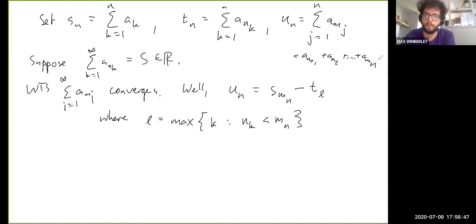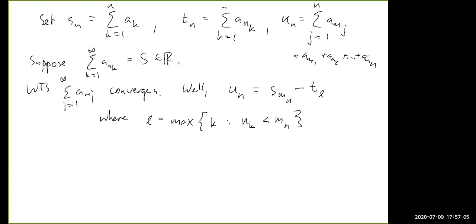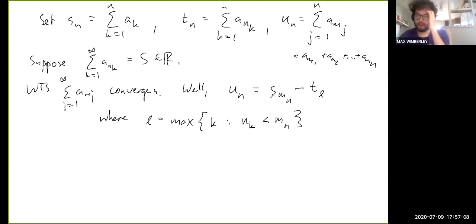If I want to think of this as a partial sum over here with some terms deleted, the last term is M_N, so I might as well take the M_Nth partial sum over here, and then subtract out whichever of those terms happen to be positive. Does that make sense? Yes. Okay.